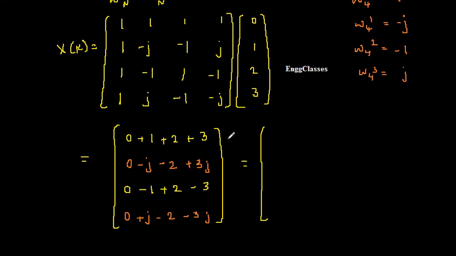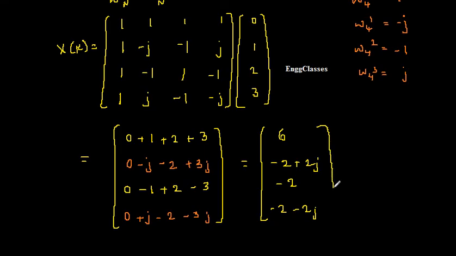1 plus 2 is 3, 3 plus 3, I'm going to get 6. In the second row, minus 2, 3j minus j is 2j, so minus 2 plus 2j. In the third row, minus 1 minus 3 is minus 4, plus 2 is minus 2. And lastly I have minus 2 minus 3j plus j, which is minus 2 minus 2j.